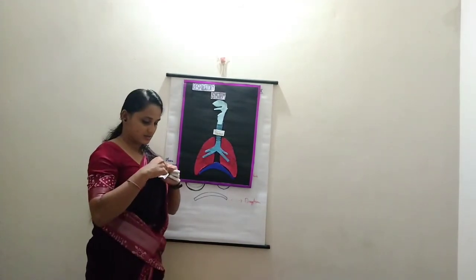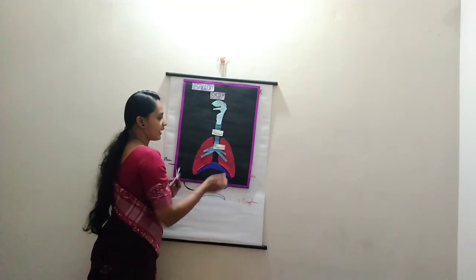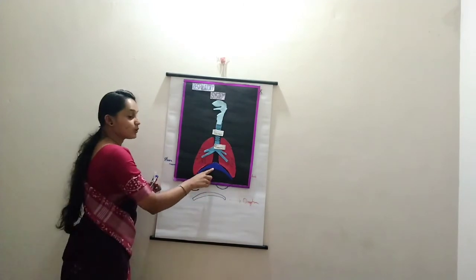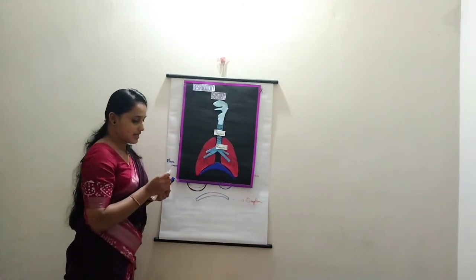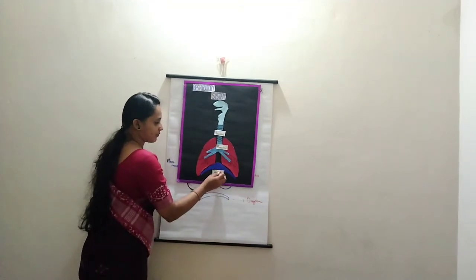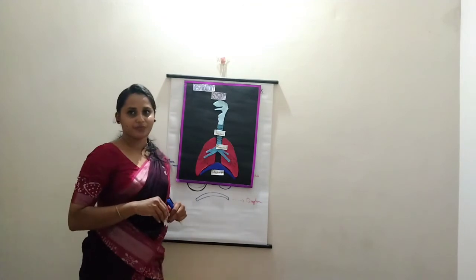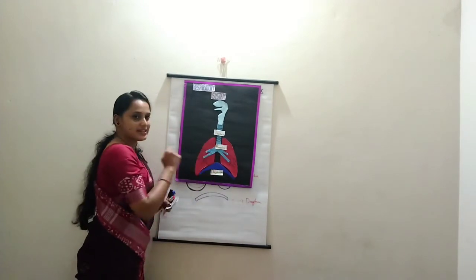That is bronchus. Then the last one is this, and that is diaphragm. Trachea, bronchus and diaphragm. You are all right and your answers are correct.